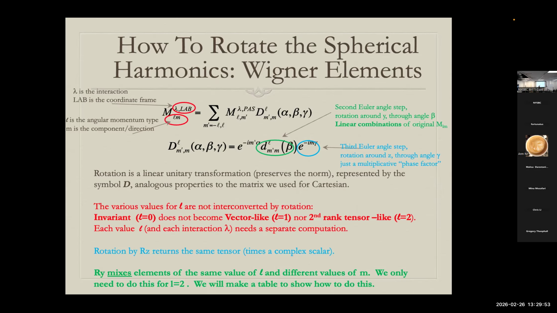When we rotate around Z, you get the same thing back with just a phase factor. So the operation Z is real simple. It looks like e to the i m alpha, whichever component you're calculating at that moment, and alpha is the angle that you rotate through. Phase factor.